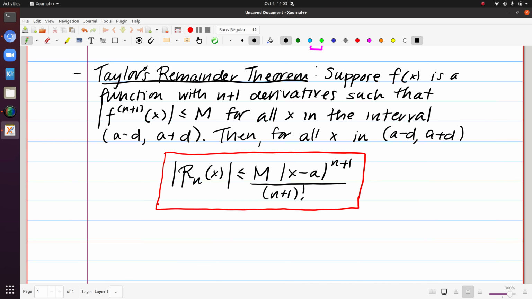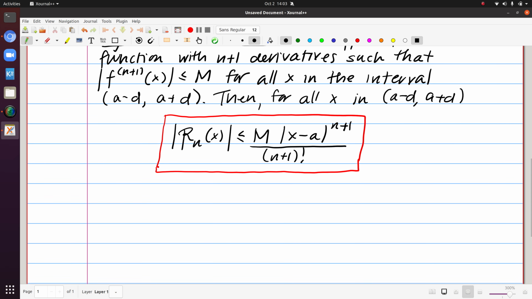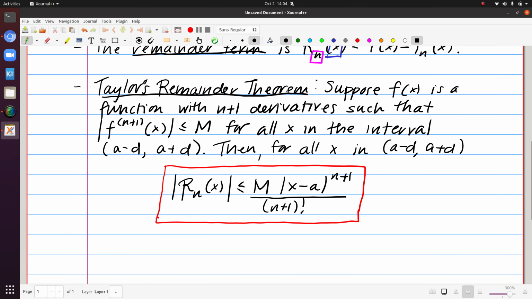And as I move my x value closer to a, x minus a is going to shrink, so we can see that direct impact on our bound being smaller. Further than that, of course, this depends on our function f of x, and that really comes in with m. So as I change my function f of x, some of these pieces are going to stay exactly the same, the x minus a to the n plus 1 and the n plus 1 factorial.